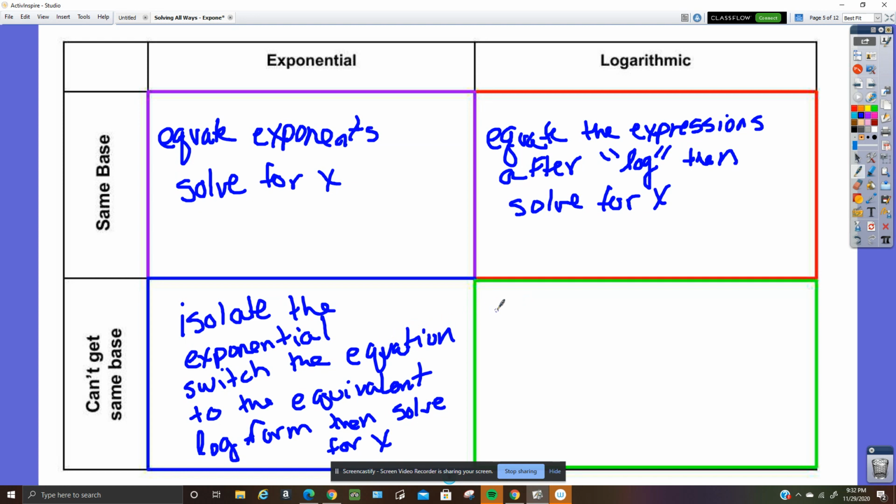And you'll see what this means in a second when we do some examples.